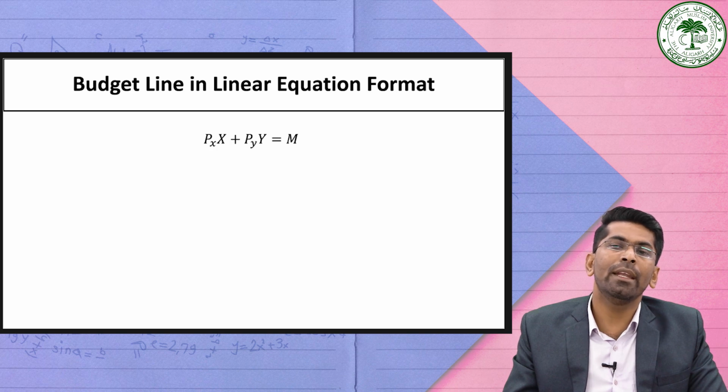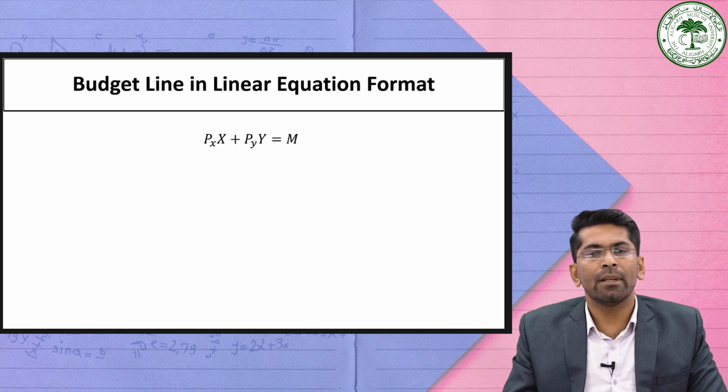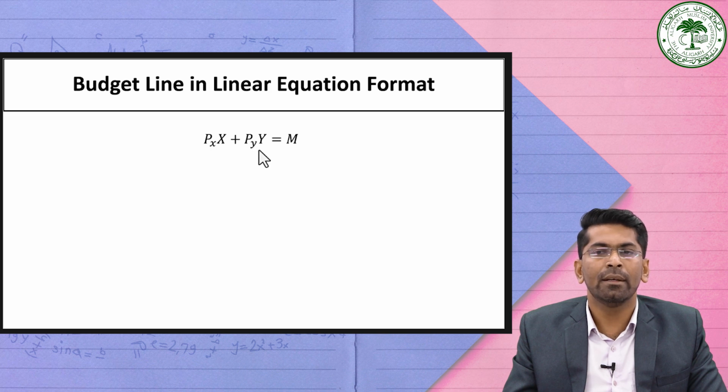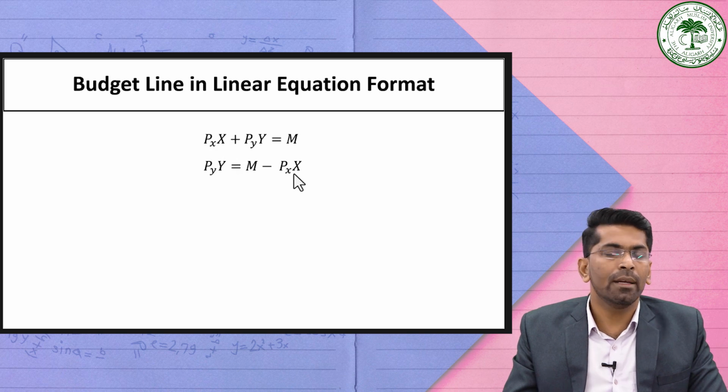As we discussed in the previous lecture, by convention we express a linear equation for the dependent variable, so we need our equation in terms of y. So we keep Py into y on the left hand side and take price of x into x to the right hand side. The sign of Px into x on the left hand side was positive, so when you take it to the right hand side, it becomes negative: negative price of x into x.